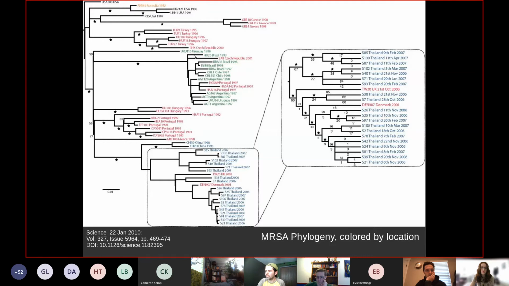So we've got a South American strain, a Southern European strain, and then we've got Chinese here and Thailand. Researchers were initially thinking it would be most closely related to the Chinese strains because Thailand and China are very close. But it turns out it wasn't monophyletic.